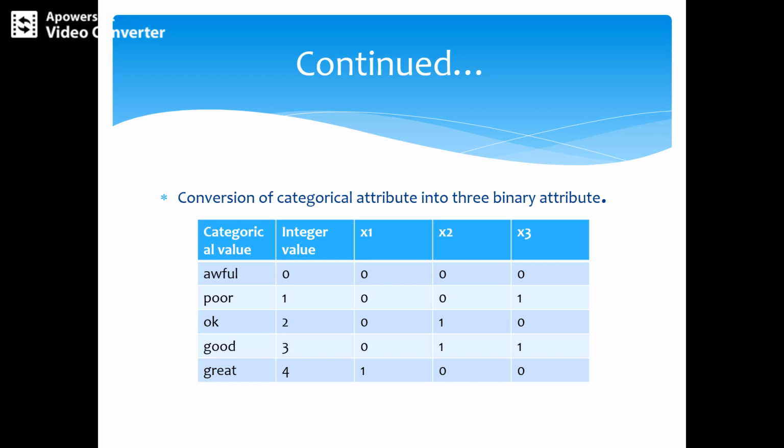Similarly, discretization of a continuous attribute: the transformation of a continuous attribute into a categorical attribute involves two subtasks. The first is deciding how many categories to have and determining how to map the values of the continuous attribute to the categories. After the values of the continuous attribute are sorted, they are divided into n intervals by specifying n minus 1 split points.